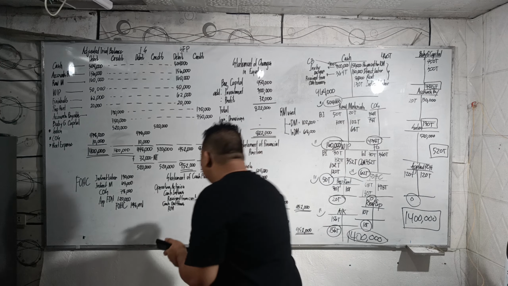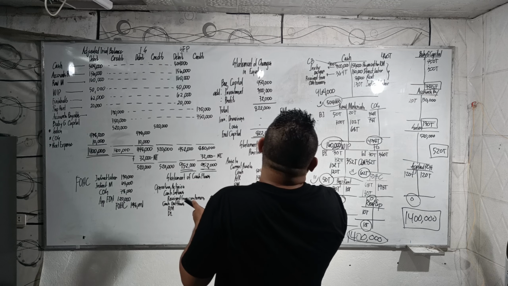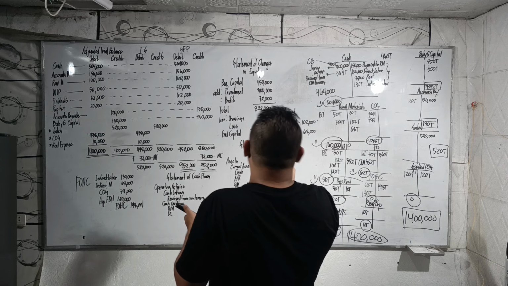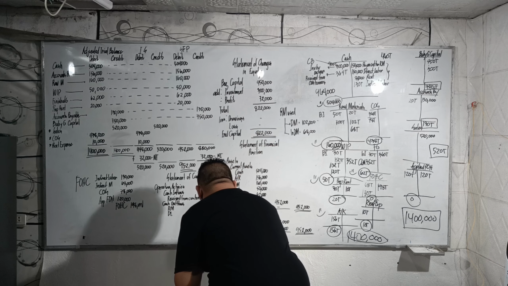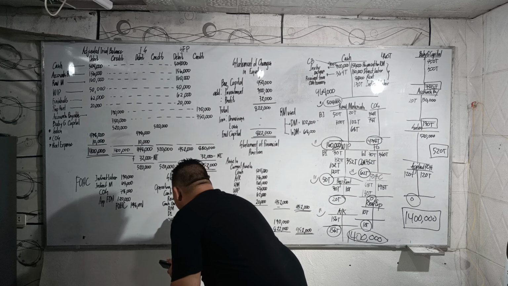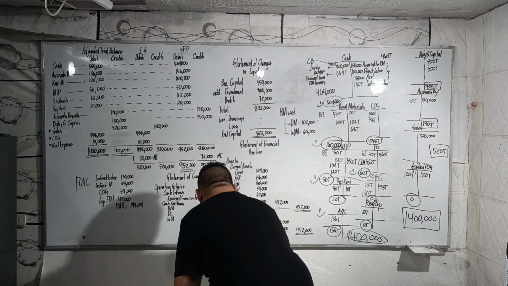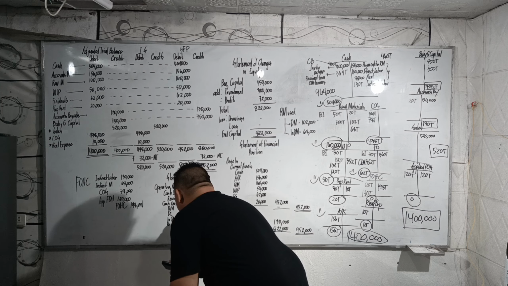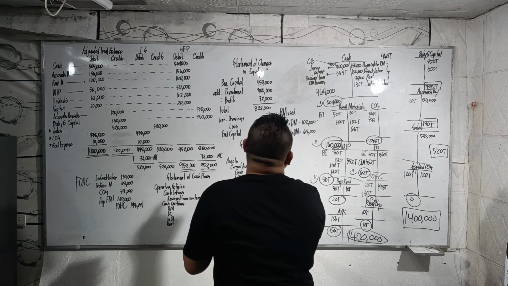And we have the payment for the direct labor, right? And that is 150 still, right? And we have the indirect labor, which is 130. And we have the rent of 30,000.